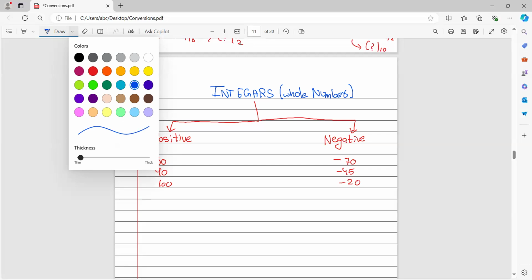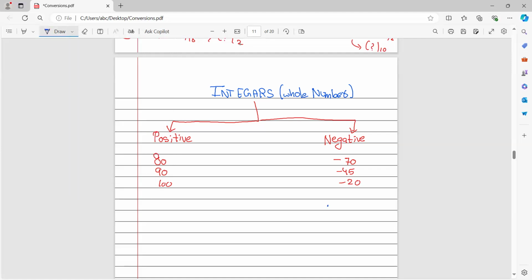There are two ways: the first is ones complement, and the second is two's complement.